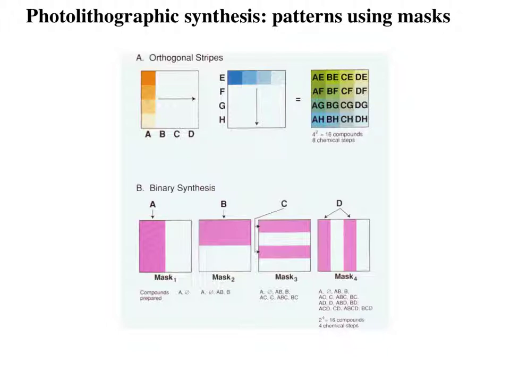You can also use binary synthesis, in which compound A is laid down on half of this, compound B on this half, compound C is stripes over here, and compound D is stripes over here. When you're doing this, you're using 2 to the 4, and using this, you generate the same number of compounds using half the number of steps.